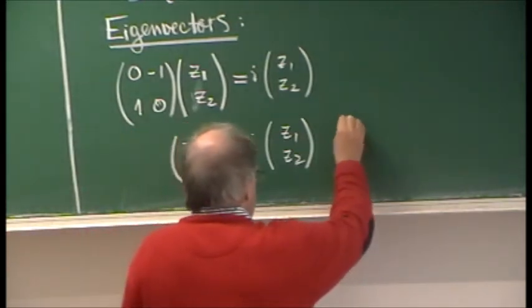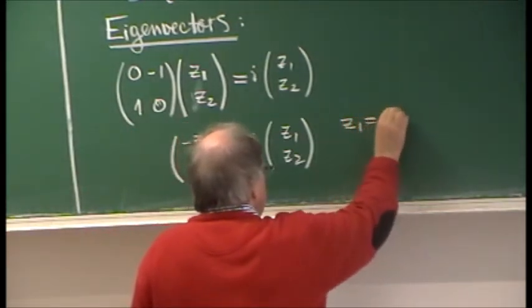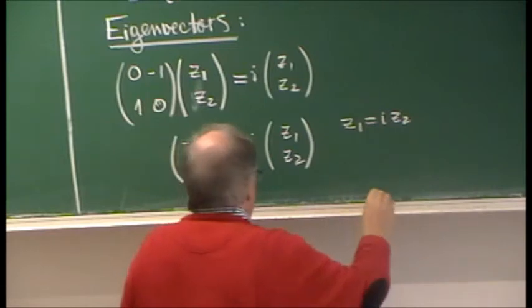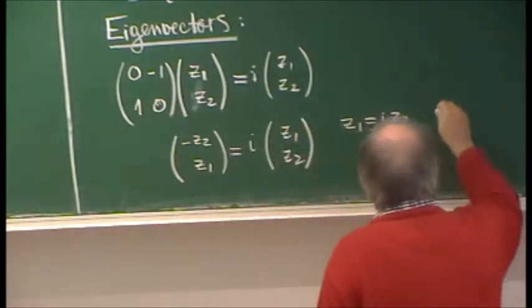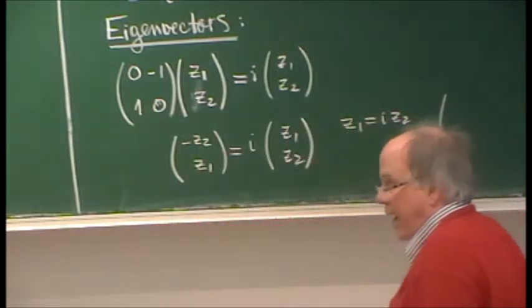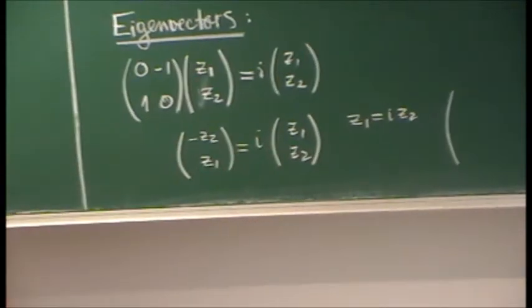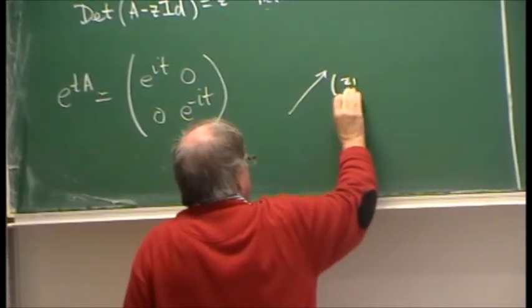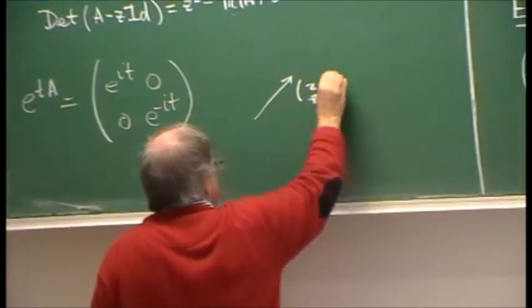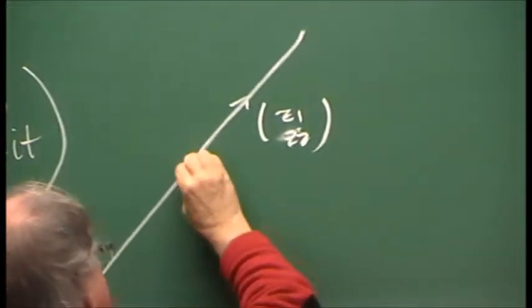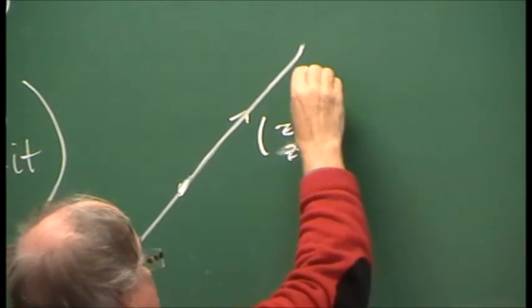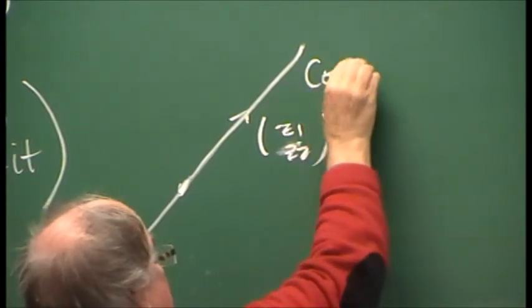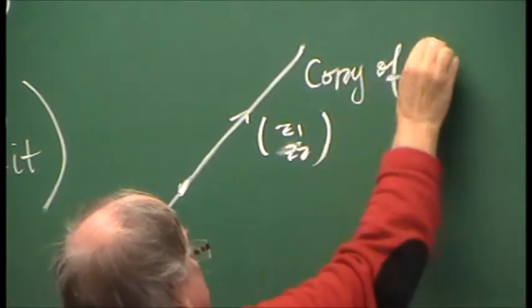This says that z1 equals i z2. And this says, okay, if z1 is equal to i z2, it's a line. The eigenvector here, we're going to find eigenvectors (z1, z2). This is the stable line through here. This is a copy of the complex numbers. It's a complex line.